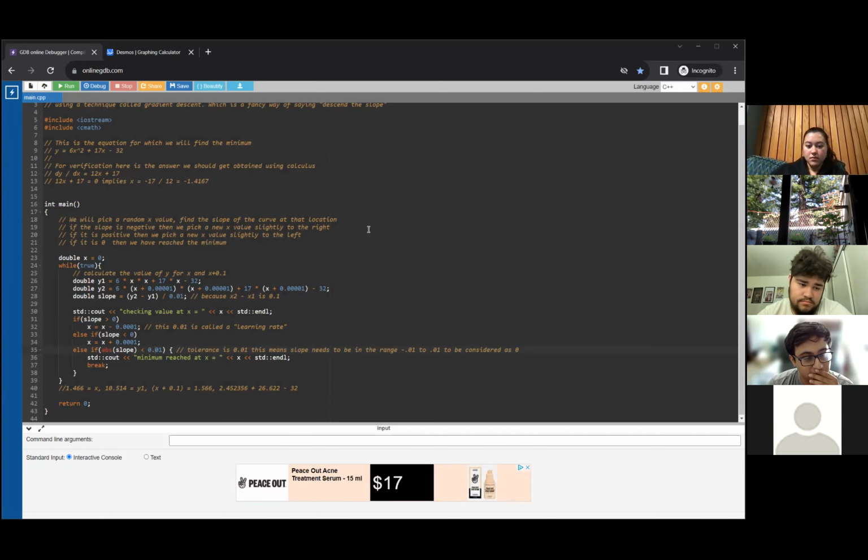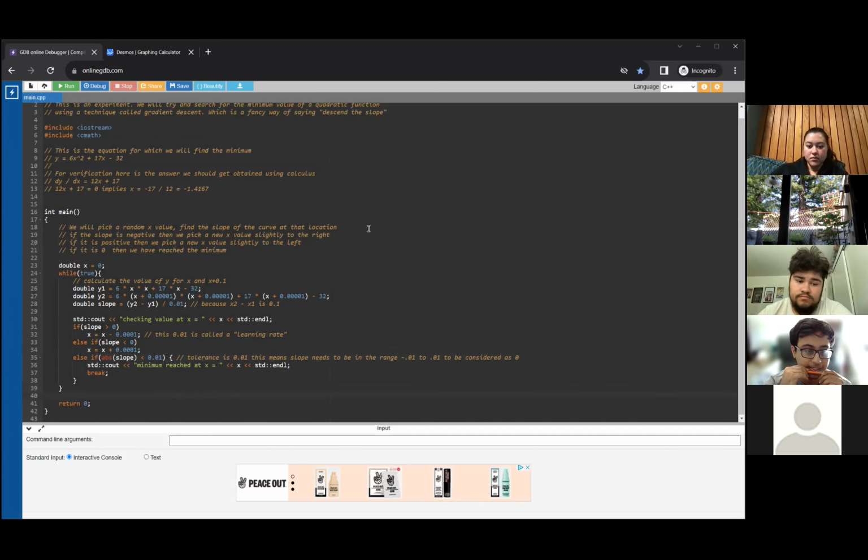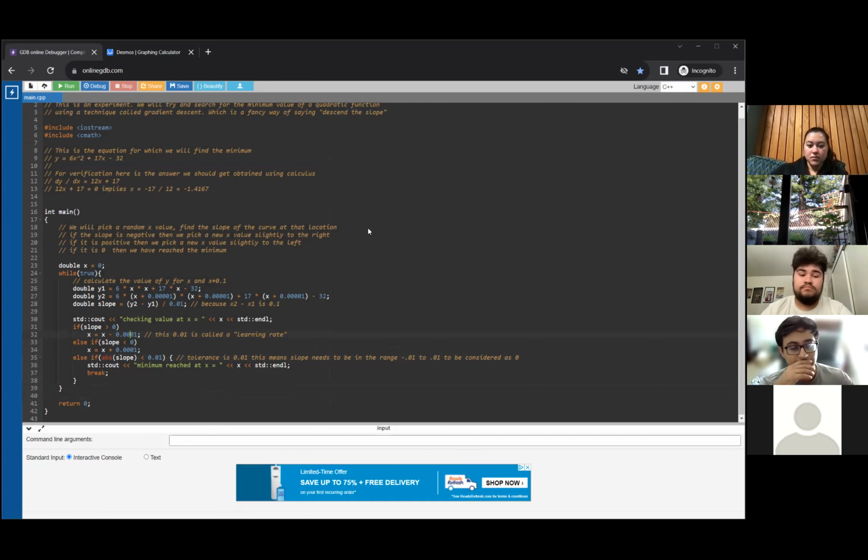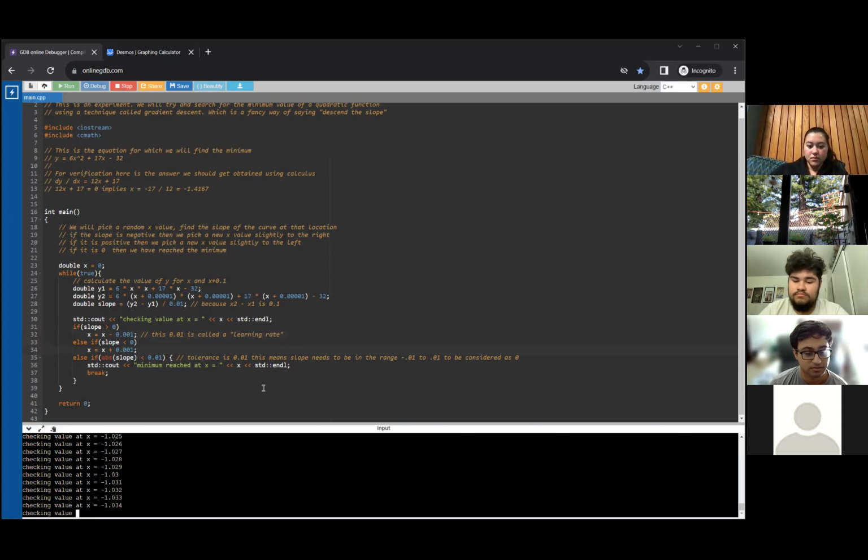You want to try this at a larger number? Yeah. Wait, try that. Oh, okay. So I'm guessing the learning rate's just gonna give us the decimal place of the answer. Yeah, the learning rate is how much we're adding or decreasing each check.